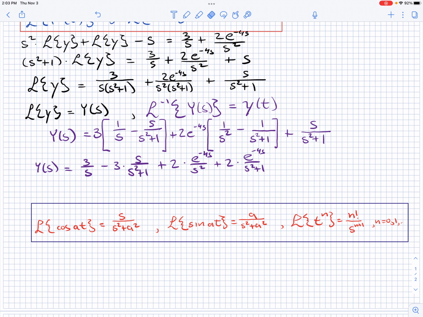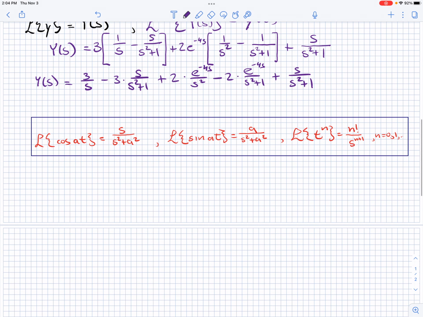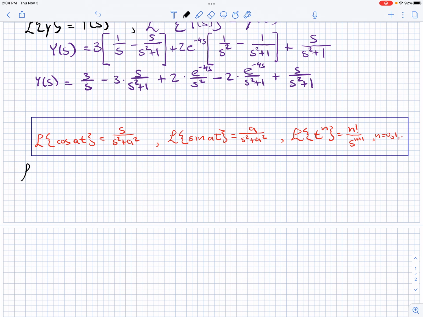Almost made a mistake. Plus s over s squared plus 1. Okay. All right. After all of that, now I can take the inverse Laplace of that big Y(s), and that will give us y of t, which is awesome.